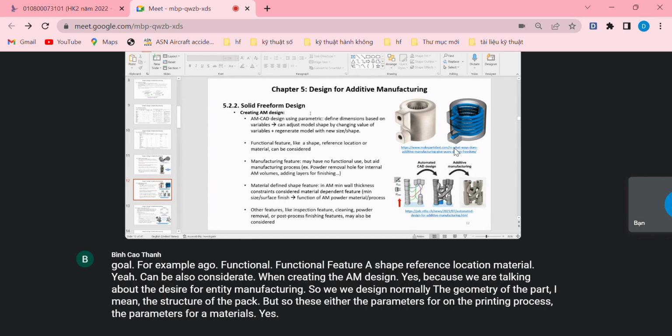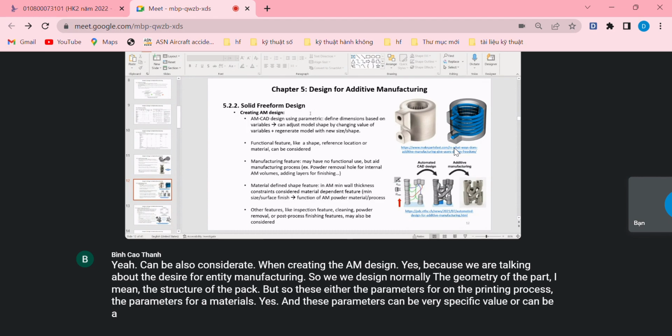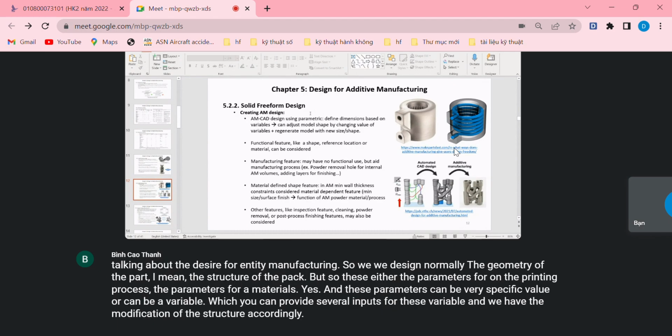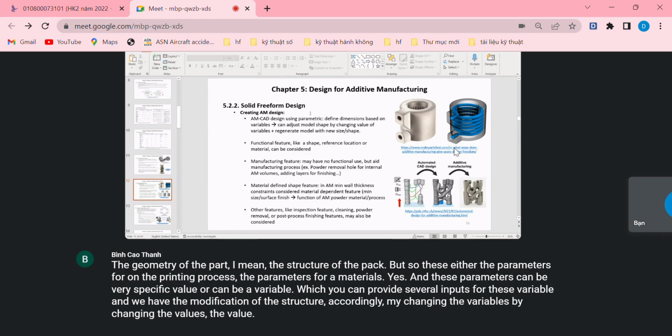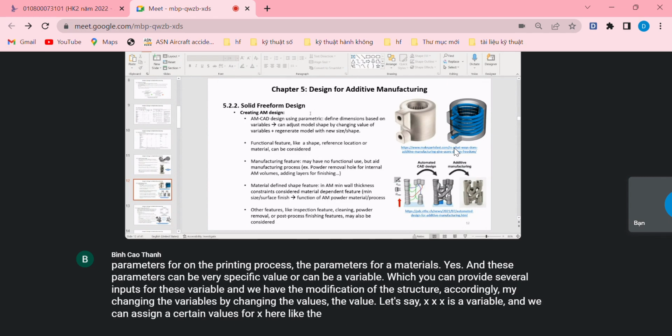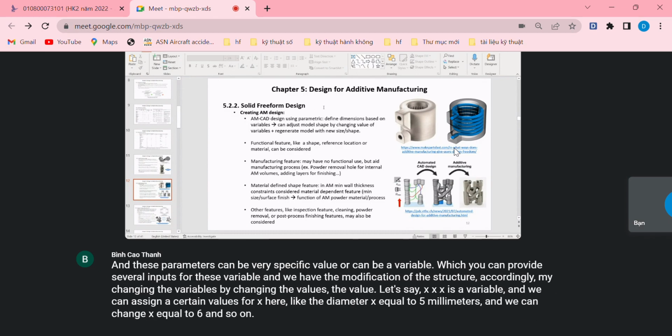These parameters can be a specific value, or can be a variable, for which you can provide several inputs, and we have the modification of the structure accordingly by changing the values of the variable. Let's say x is a variable, and we can assign certain values for x, like the diameter, x equal to 5 millimeters, and we can change x equal to 6, and so on.